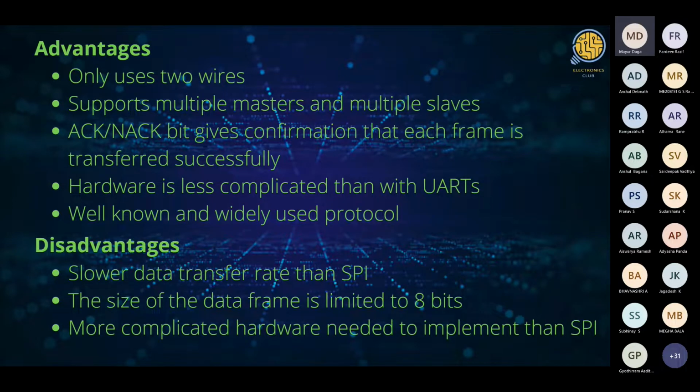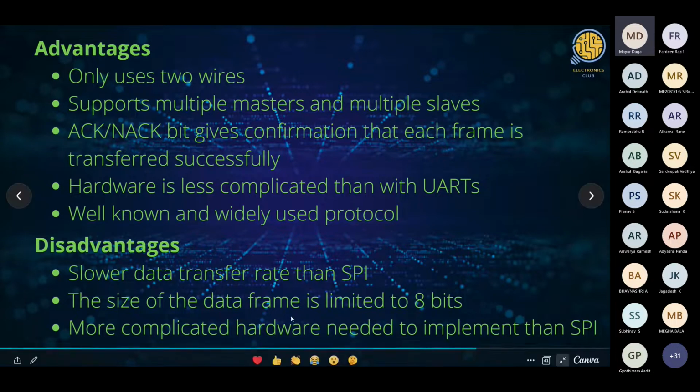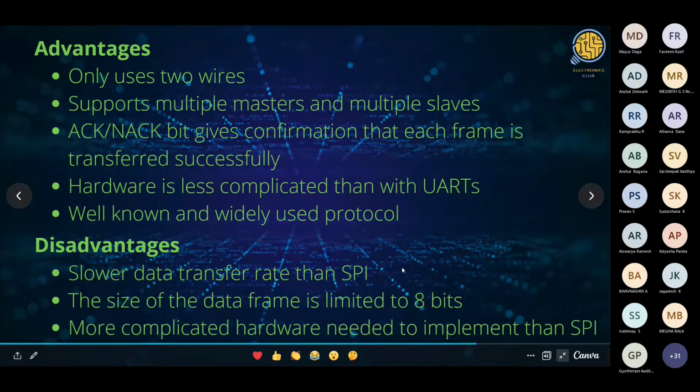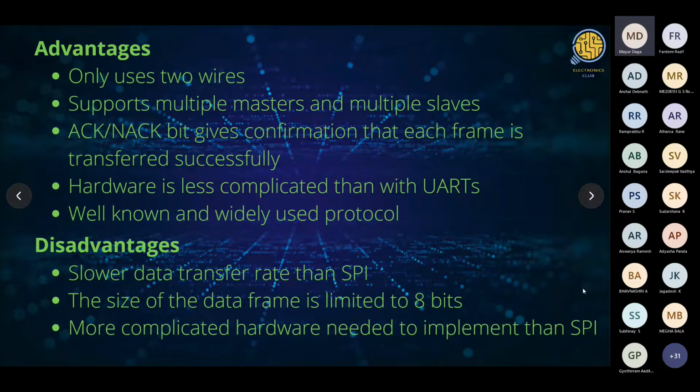So it has a bit slower data transfer rate than SPI, it has a common bus rate, so it is a bit slower than other protocols, and the size of the data frame is limited to 8 bits. And as compared to SPI, you need some more complicated hardware. So these are some of the advantages and disadvantages.